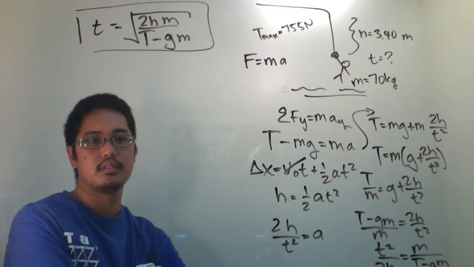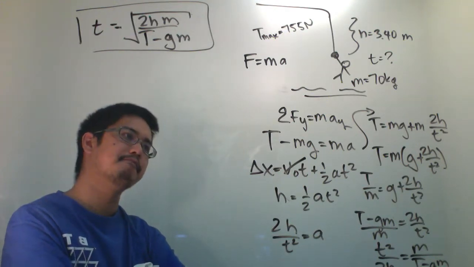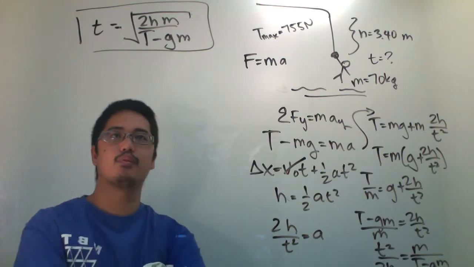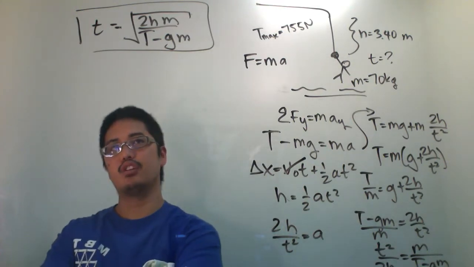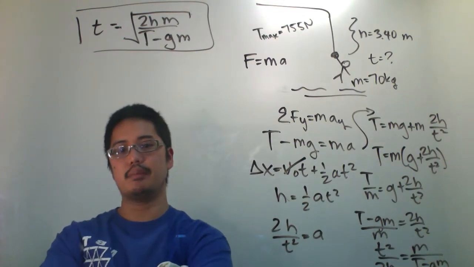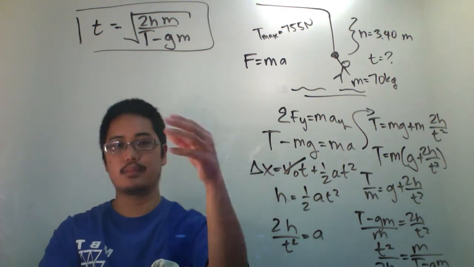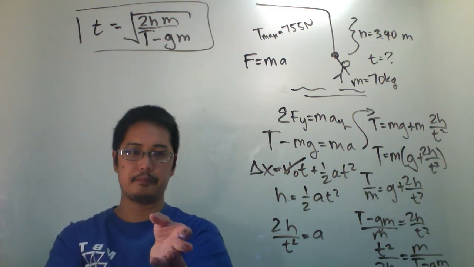So if the tension were really big, then it would take only a short amount of time for the rope to snap? No. But mathematically you're looking at this and saying if tension got really big, it's in the denominator, so the time would get smaller. That's what you conclude, right?